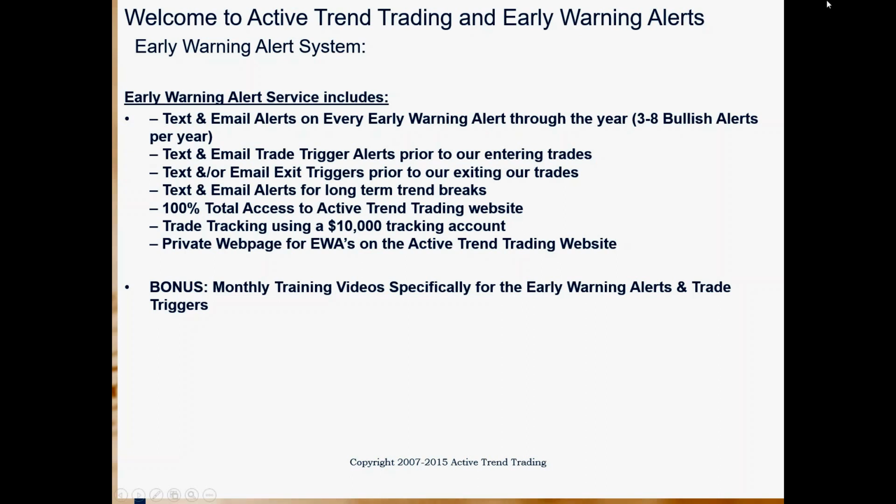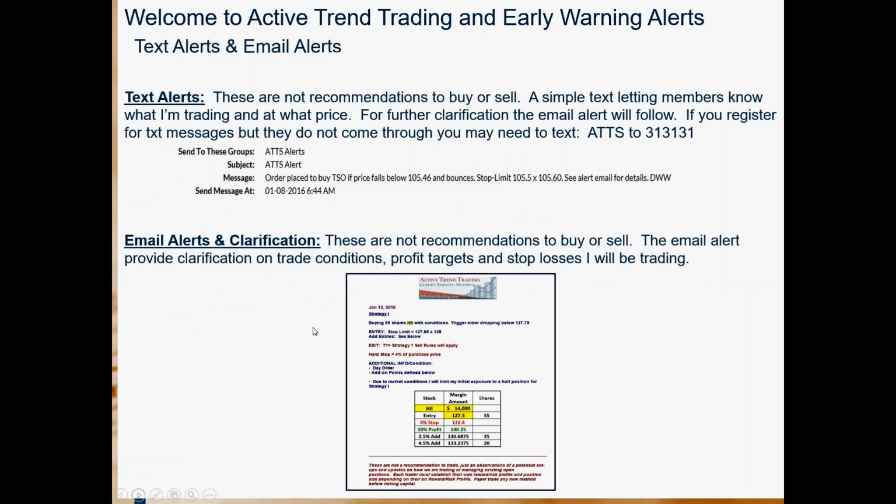If you want to learn more about active trend trading, you can visit the website and have total access to that, trade tracking using a $10,000 tracking account, a private web page on the active trend trading website just for EWAs, and bonus monthly or quarterly training videos specifically for early warning alert trade triggers.